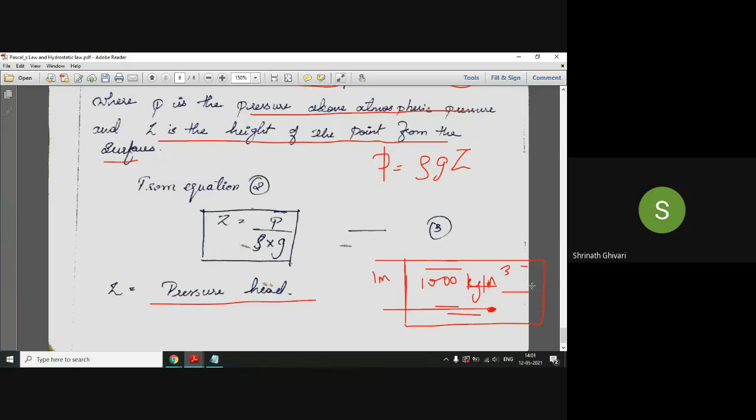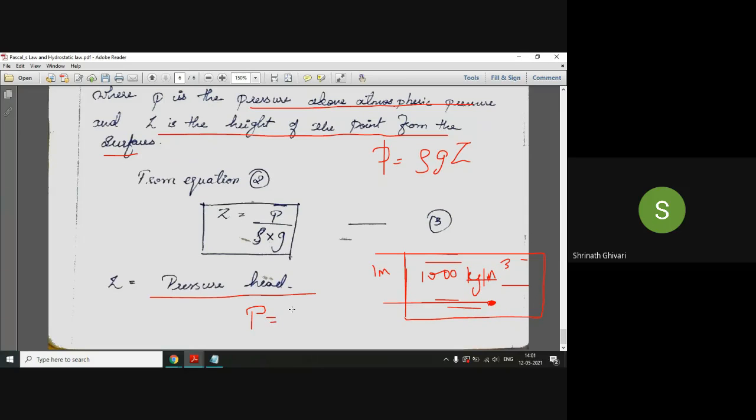So now I want to measure the pressure acting at 1 meter, with a density of 1000. So what should I do? I should calculate its pressure, which means I have to use P equal to rho g z. Rho is 1000, g is 9.81, and the height is 1 meter.